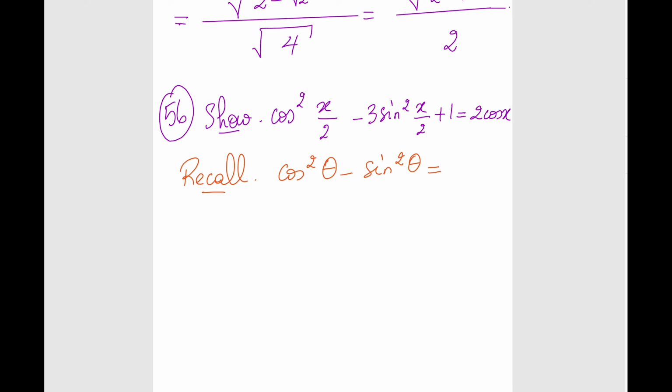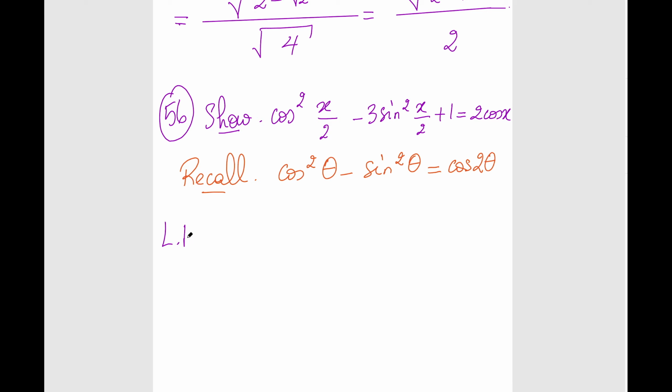It's the double angle formula, the very first group of formulas we learned today. Cosine of twice the angle is cosine squared of the angle minus sine squared of that angle. So why is this going to be useful?